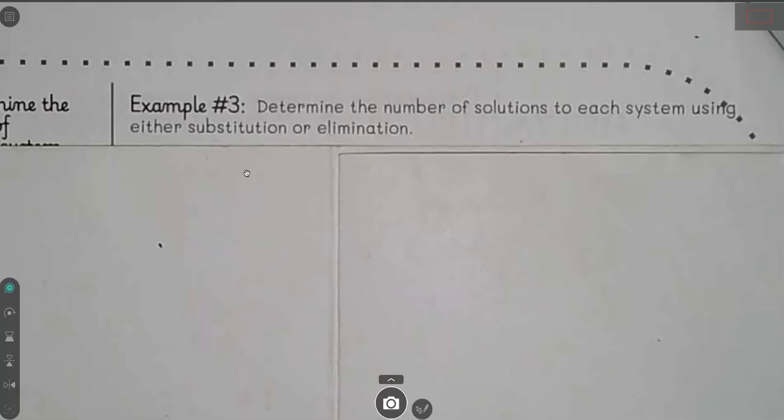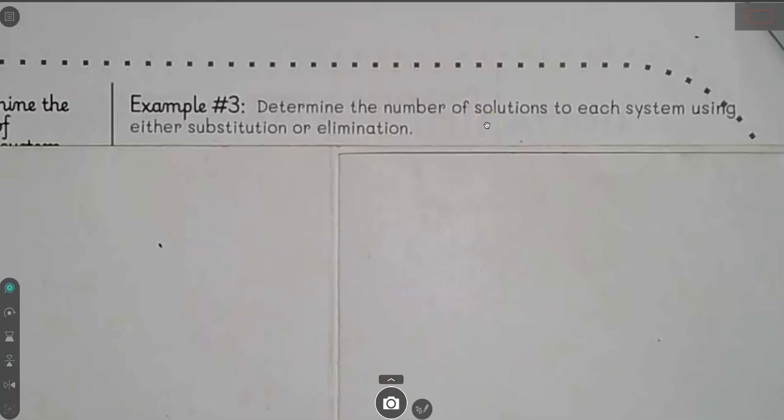I don't expect you to solve this all the way out. There's not enough space. I expect you to start solving it, and when you hit the point where it's clear that you're going to get a solution or you're not going to get a solution, stop, because all they want to know is there one solution, is there no solution, or is there infinitely many?